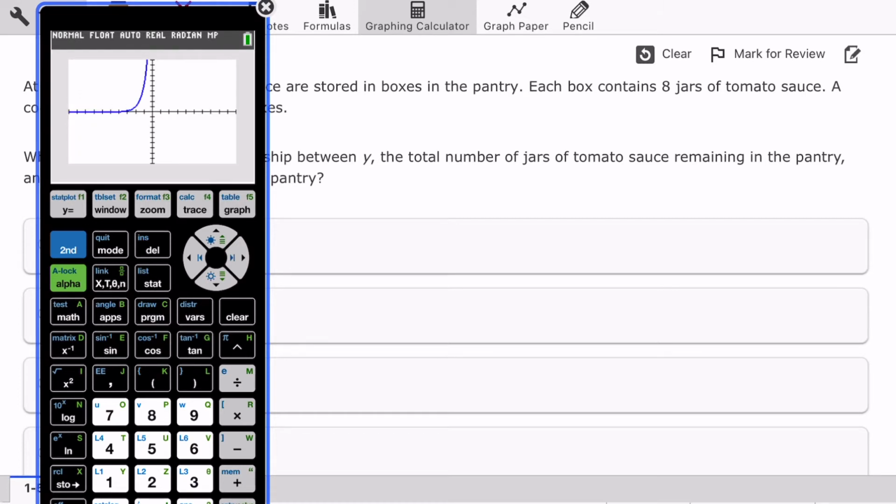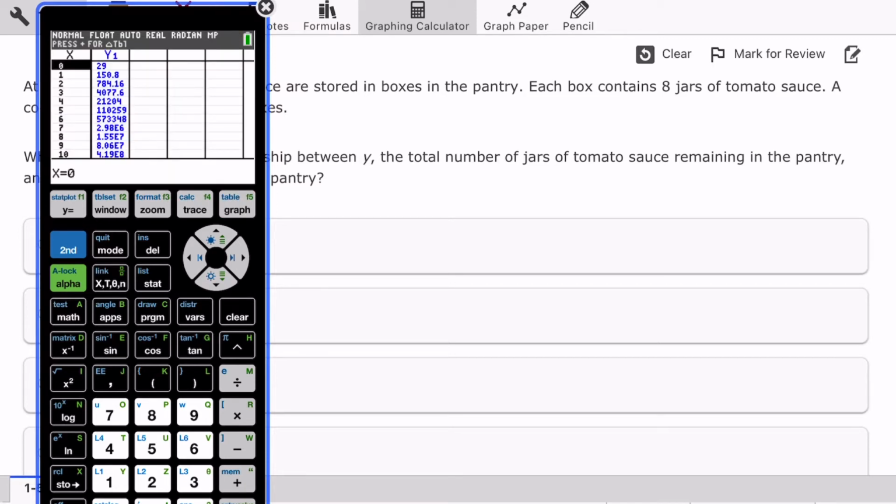So here is my graph. Notice that you're not able to see the y-intercept. Even if you zoom out, that won't really help you because you won't know the value. So press second graph. We're going to look at the table. Don't forget to get the y-intercept. You look for whenever the x is 0. So as you can see, whenever x is 0, the y value is 29. That represents your y-intercept.